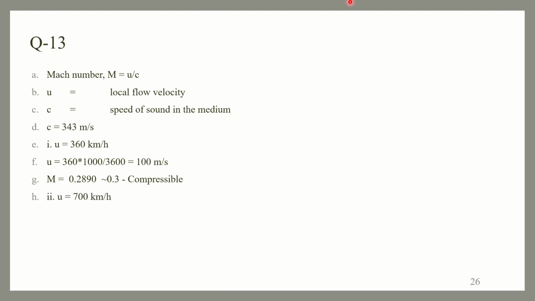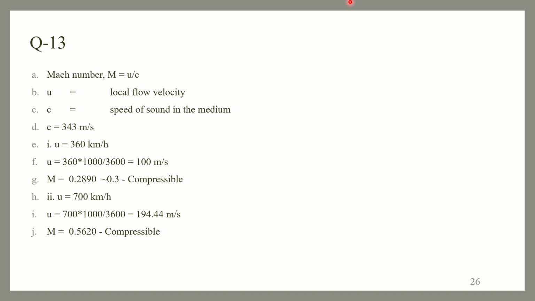And second, it is 700 kilometers per hour. Again, if we convert it into meters per second, we are getting 194.44 meters per second. Imagine it would be that fast. So again, it is a compressible flow because the velocity is very high. Mach number is obviously greater than 0.3 here. It is 0.56. So we can say it is compressible.